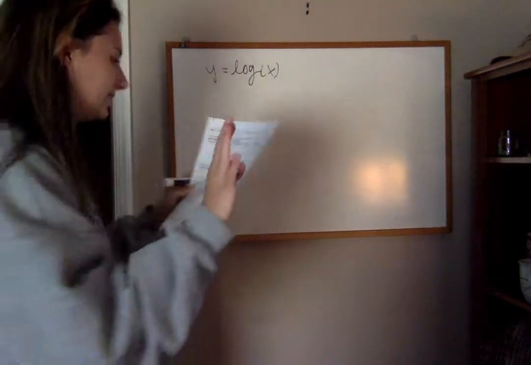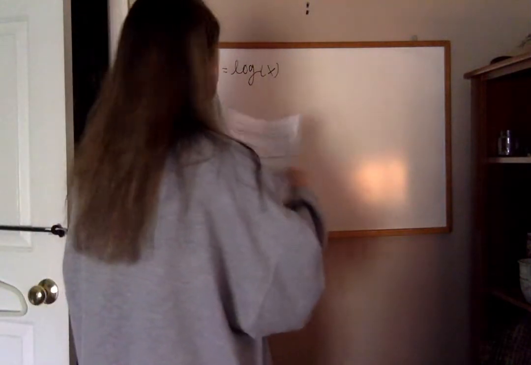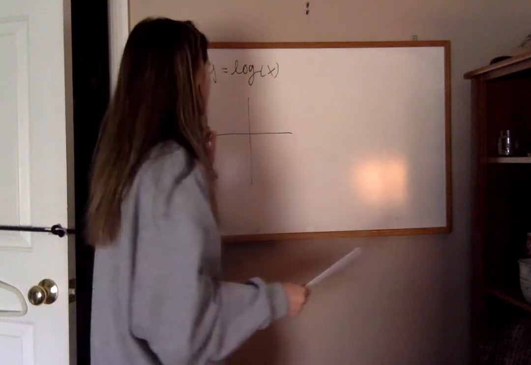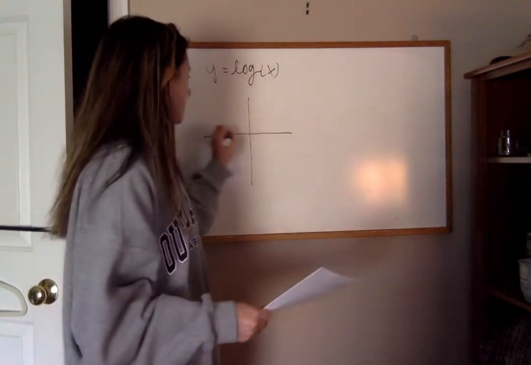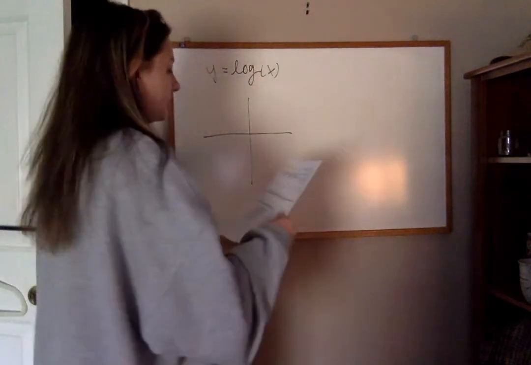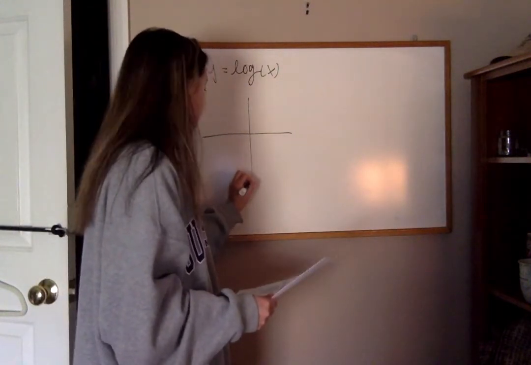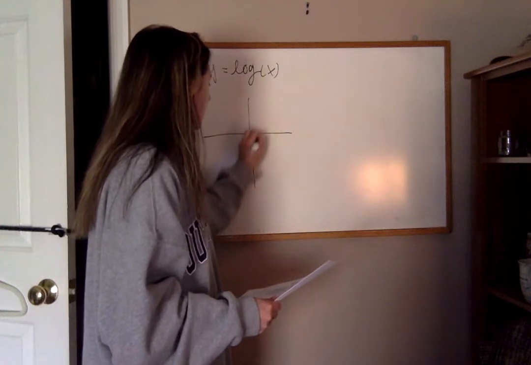I'm not sure if you guys have worked with that yet. You probably have. It's kind of the opposite. So instead of how the exponential never touched the x and then shot up that way, this one comes down or up from this way, never touching the y, and then shoots out this way.